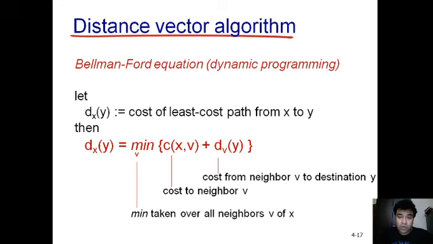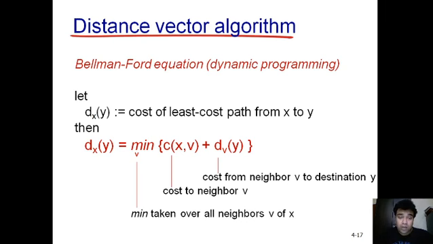Distance vector is a bit different from the link state routing algorithm, because link state is a global routing algorithm, and distance vector is a decentralized routing algorithm, completely based on the Bellman-Ford equation. So let's see how it works.